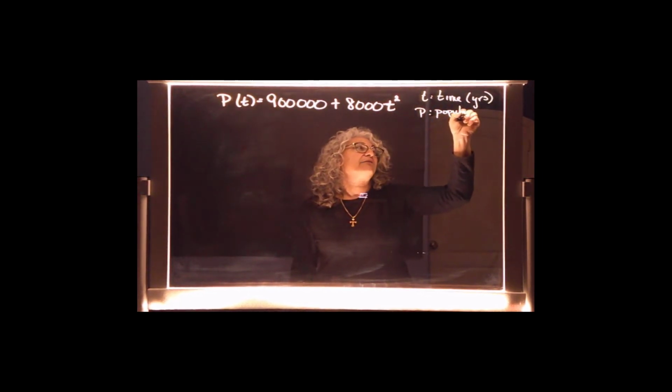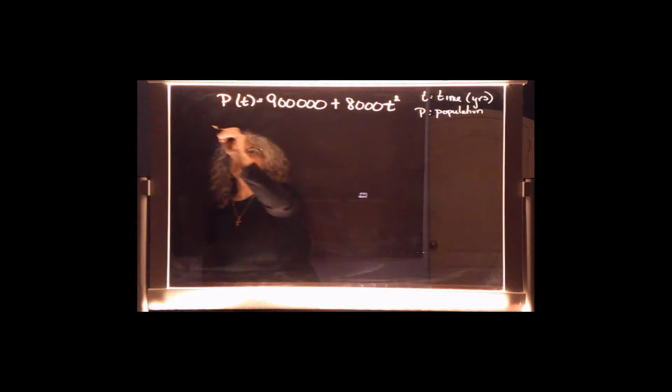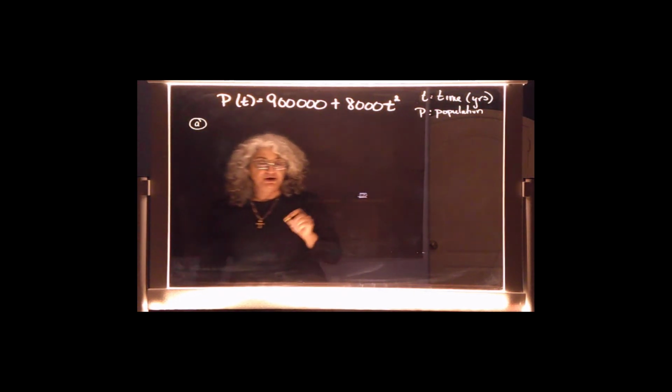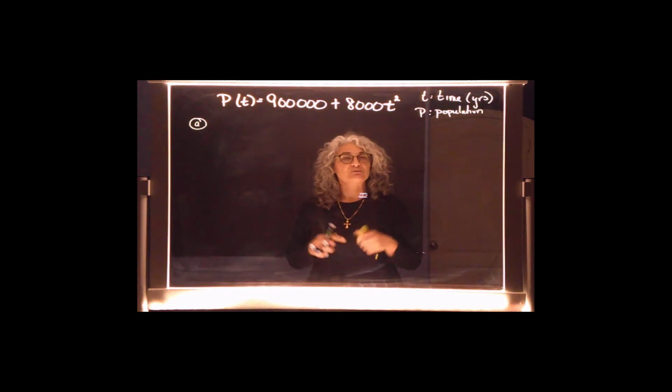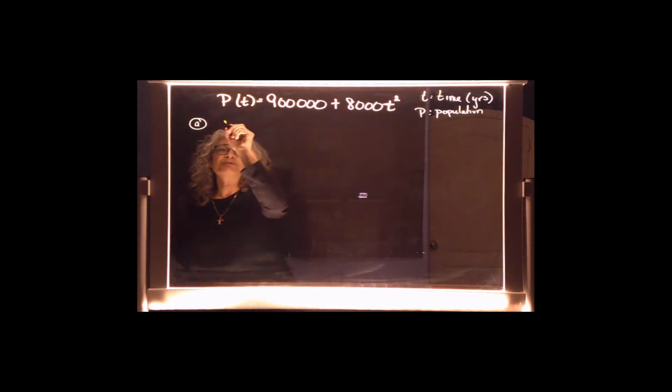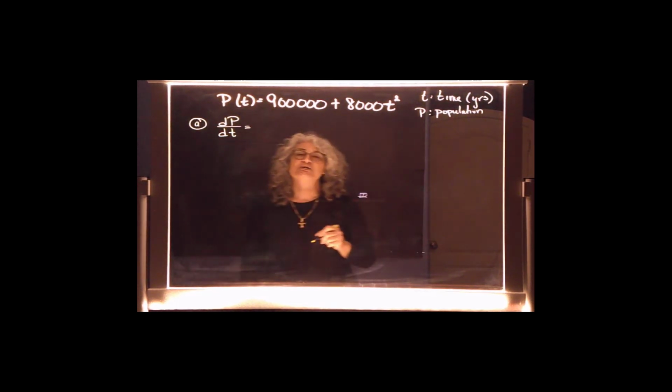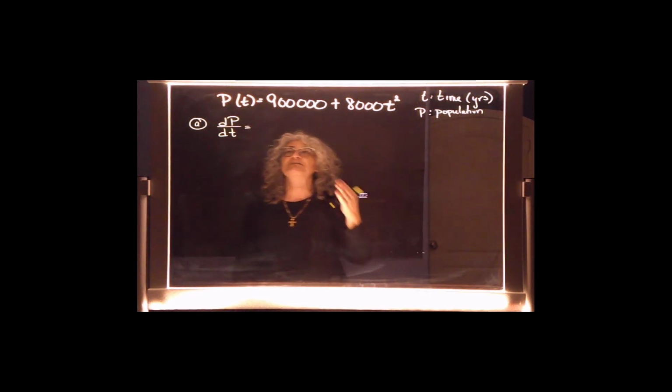Now, they have a few parts to this question, so let's look at part A. Part A would like to know the growth rate. So again, they're looking for a rate of change. And in this particular case, they literally wrote down, take the derivative of P with respect to T. So, power rule, right?